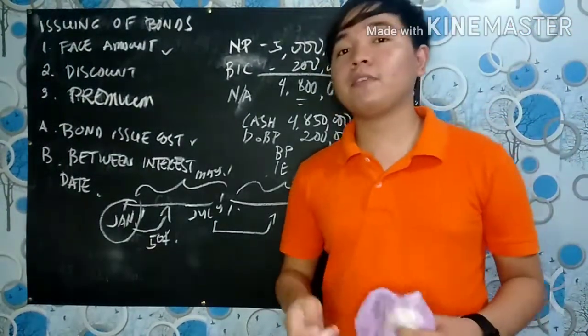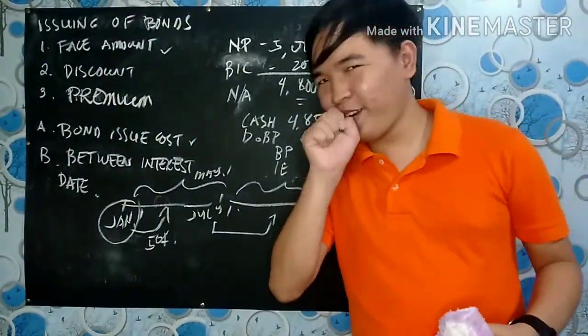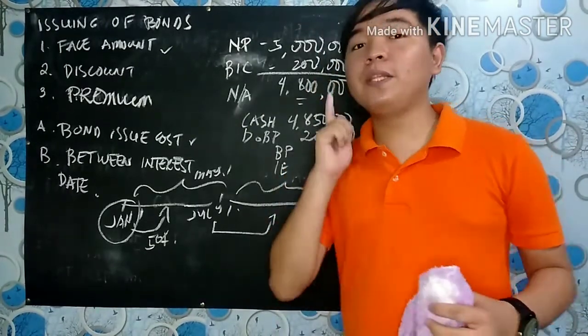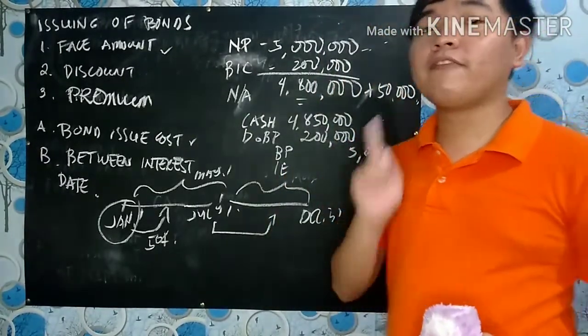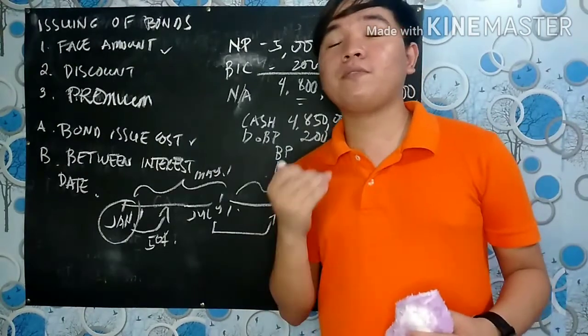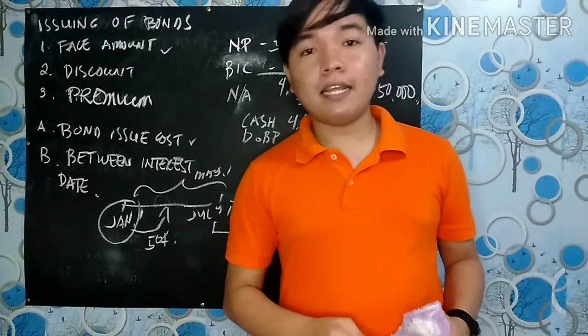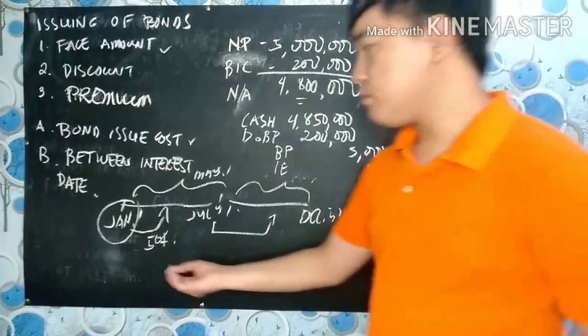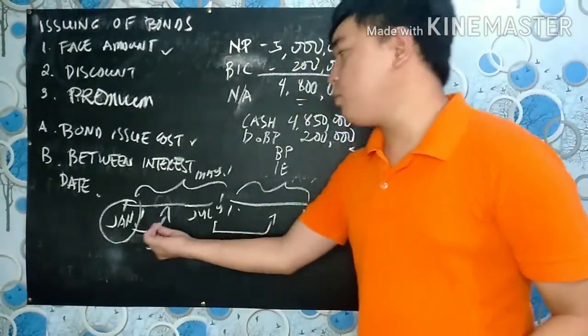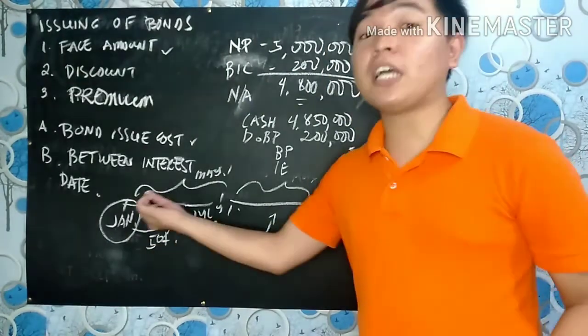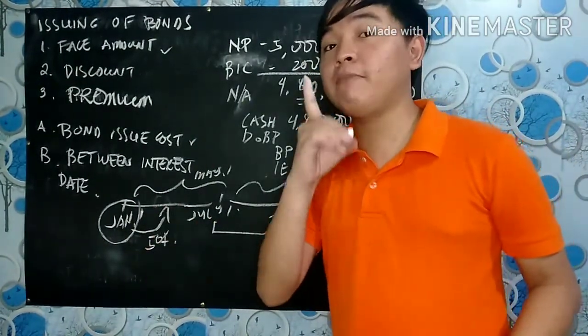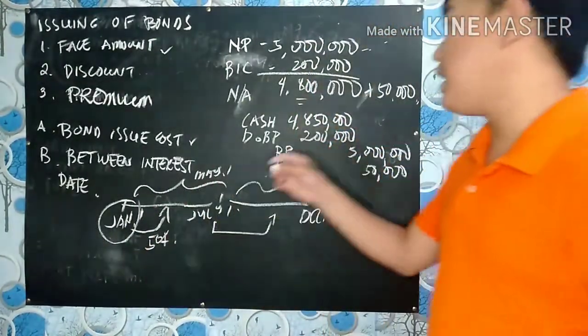Kasi nga, sinabi ko sa inyo kanina, fair value less transaction cost, wherein the fair value is the total net proceeds received by the issuing entity excluding the interest. Okay? So, yung January to May, i-claim mo muna siya as proceeds ng issuing entity.